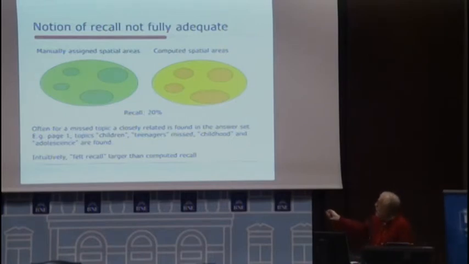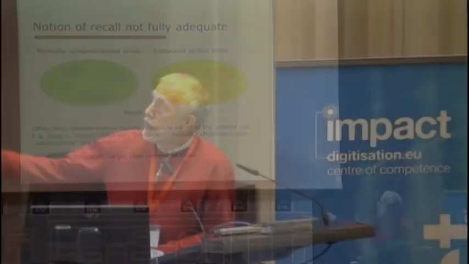And then comes the computer and it marks the same big area and 4 other areas which are really closely related to the areas found by the expert. Then in this situation, the recall is just 20%, since the only region which was found exactly is the large region. And the recall value does not take into account the similarity of all the other objects that were found.